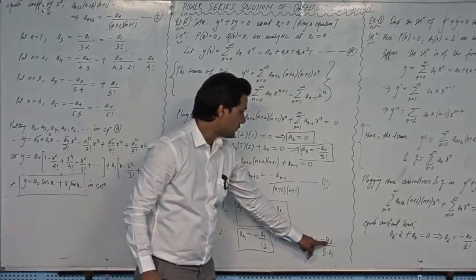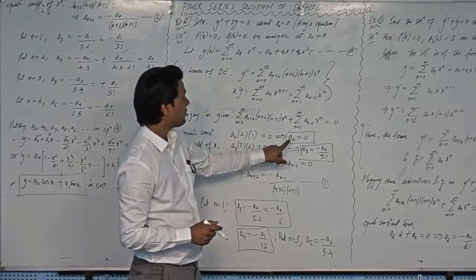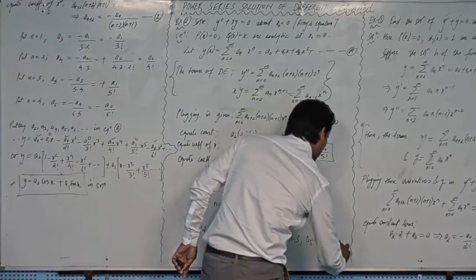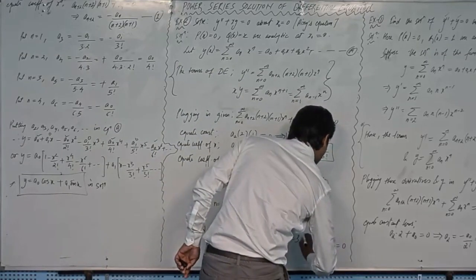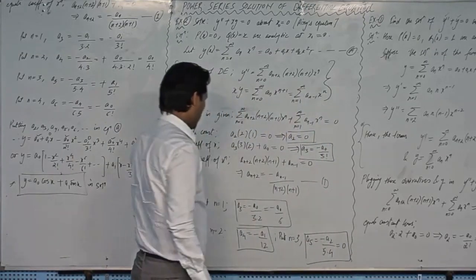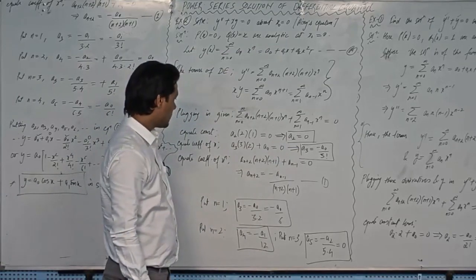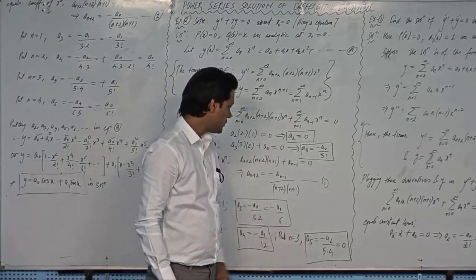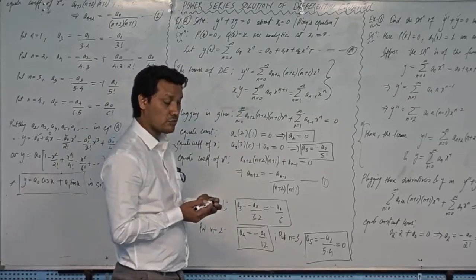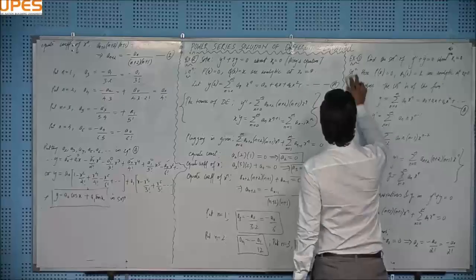And again you can use this value of a2 because a2 is obtained. a2 is how much? Equal to 0. So a5 will become 0, right? So what can I see? I am having a2 equal to 0, right? a5 equal to 0, right? I need to obtain a few more coefficients, I think.